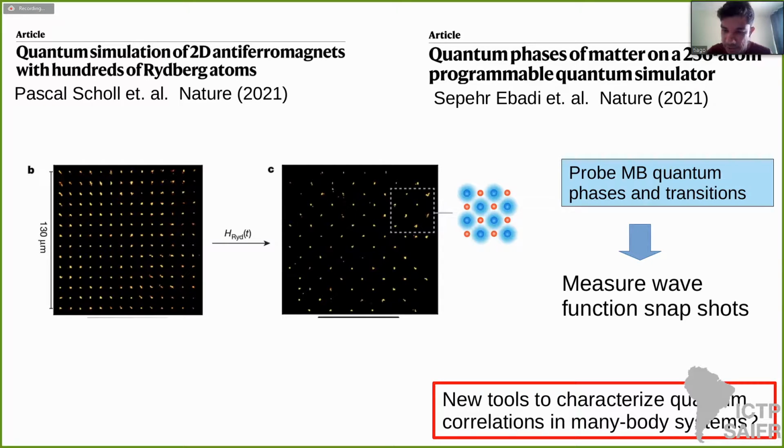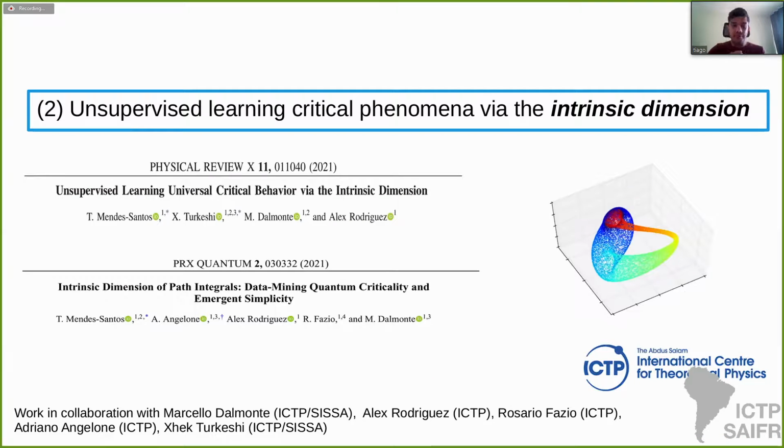All right, so now let me start the second part of the talk. The title is Unsupervised Learning of Critical Phenomena via this concept of intrinsic dimension, which I will explain in more detail. This work was done during my first postdoc at ICTP in Dresden.